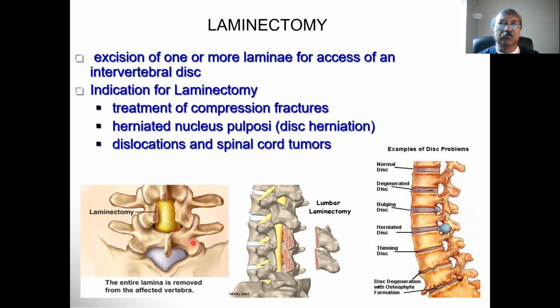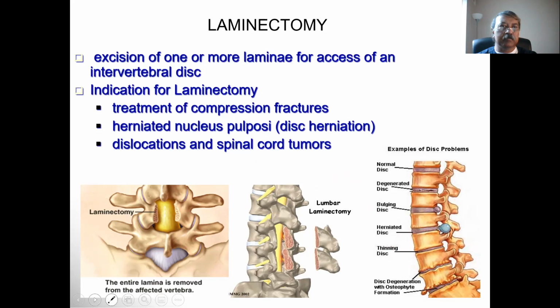The plates and screws are applied to the nearby vertebrae where the lamina and the pedicle are still intact, and they will stabilize it as a fusion. The joint will be fused together, so it becomes stable again. So this is what the laminectomy procedure and discectomy procedure is all about.